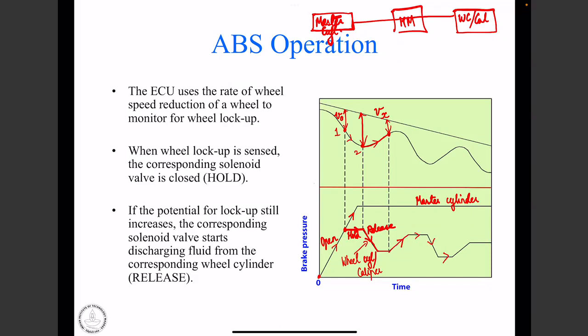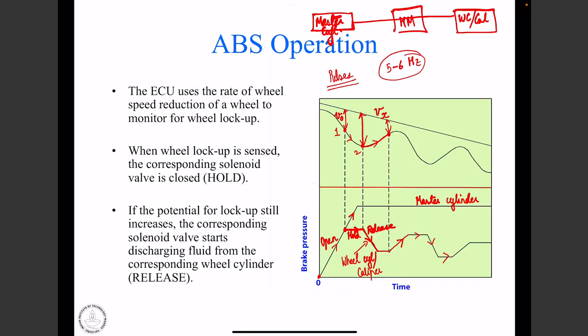This cycling of the modulator provides pulses. In most hydraulic ABS, it's around 5 to 6 pulses per second, a frequency of around 5 to 6 hertz. These pulses are felt as vibrations of the brake pedal.